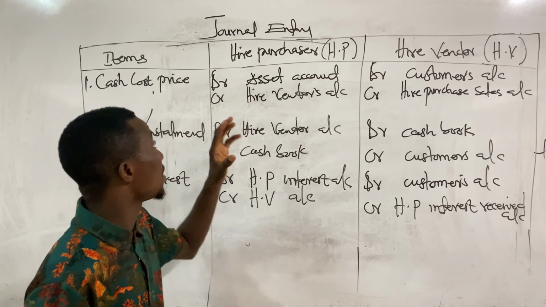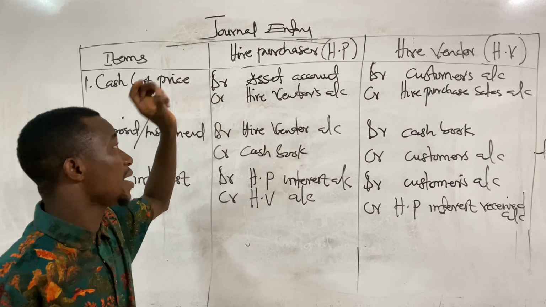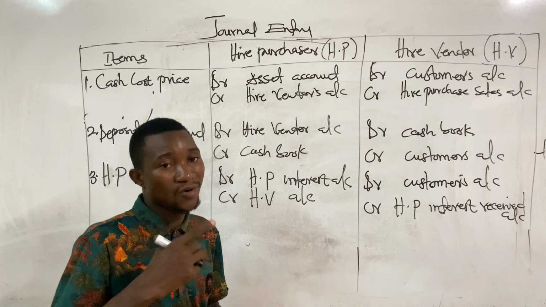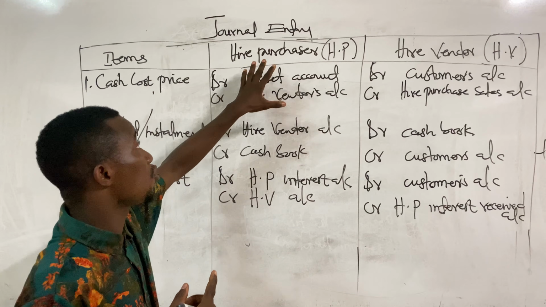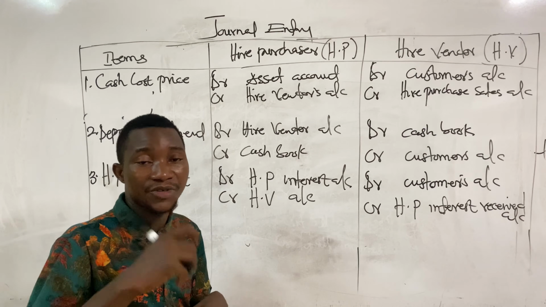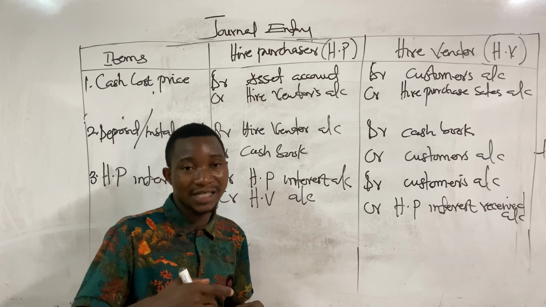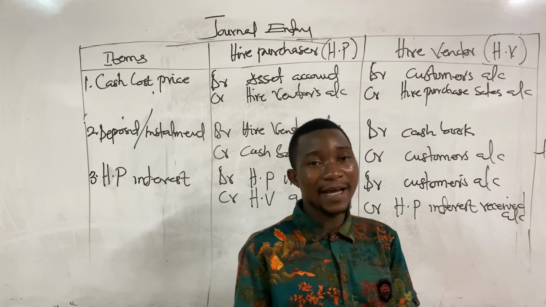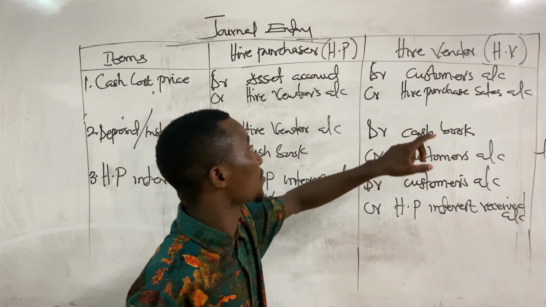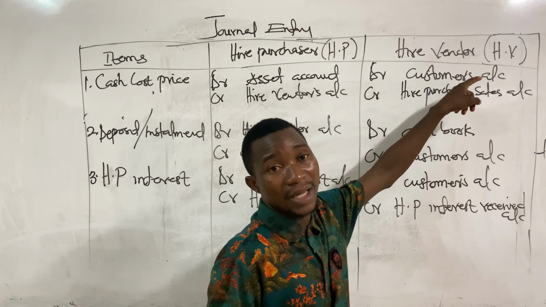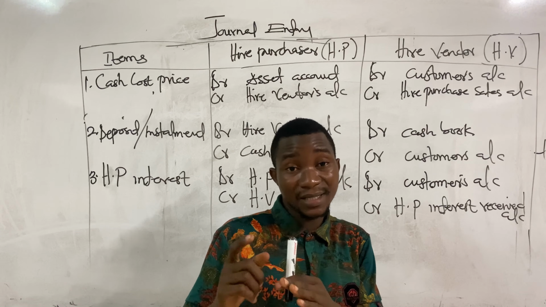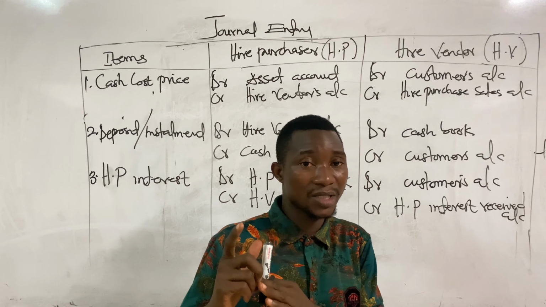Take note that in the book of the hire purchaser, any balance on the hire vendor's account represents the unpaid portion of the cash cost price of the asset. On the other hand, in the book of the hire vendor, take note that any balance on the customer's account represents that part of the cash sales price of the asset that has not yet been received.